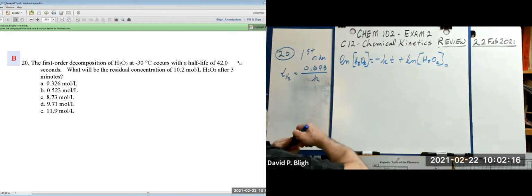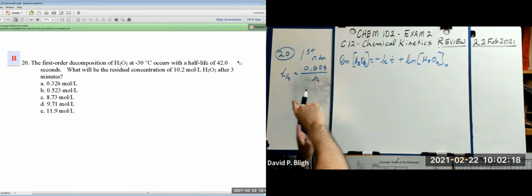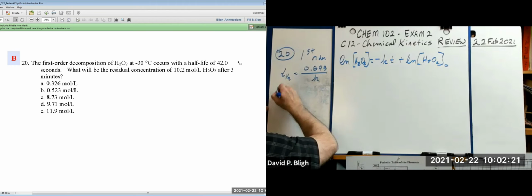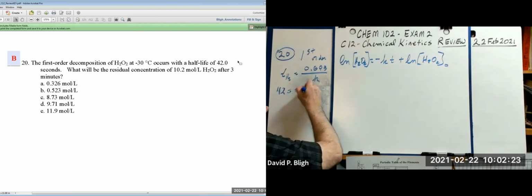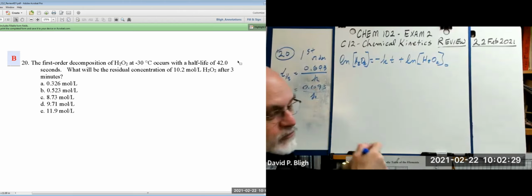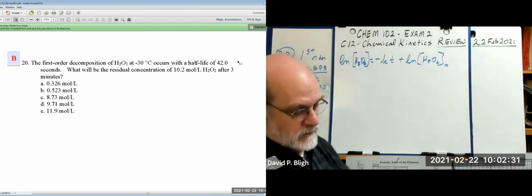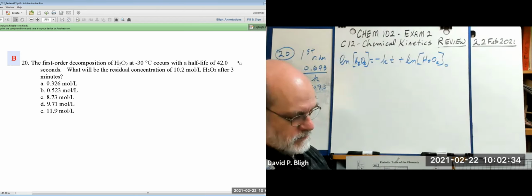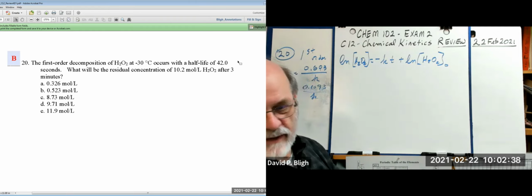Okay. So this is 42 seconds equals 0.693 over k. So k is 0.693 divided by 42, which is 1.65 times 10 to the minus 2.